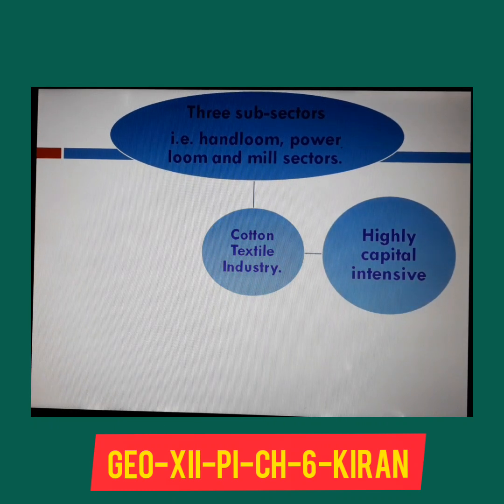These are highly capital intensive industries. They require large amount of capital and other infrastructure. They also require large number of labors. They require transport facilities, communication facilities, and other modern facilities.